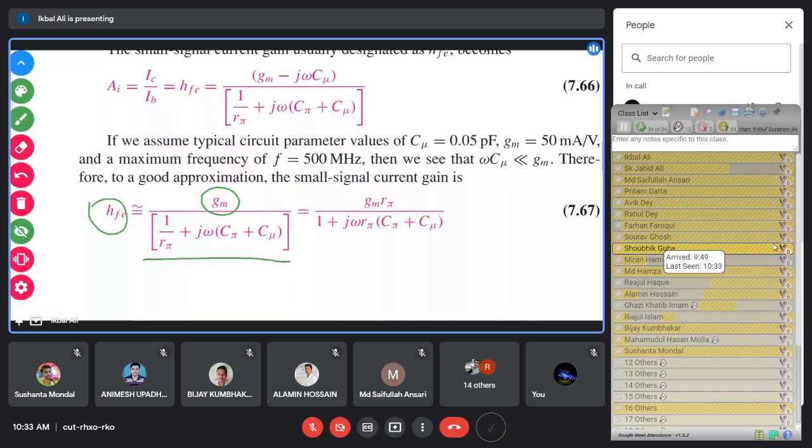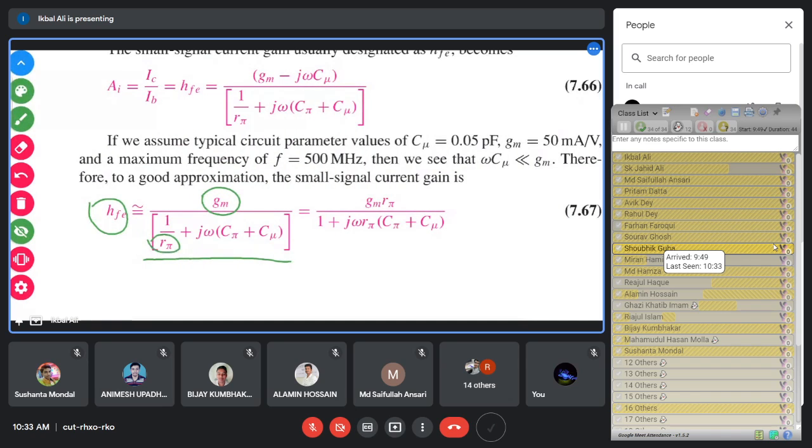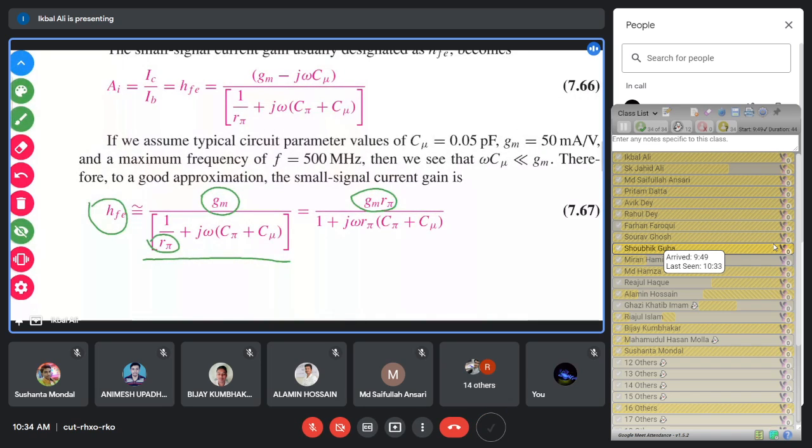Now if you rationalize the numerator and denominator by r pi, it becomes Gm r pi in the numerator, and in the denominator 1 plus j omega r pi into c pi plus c mu.